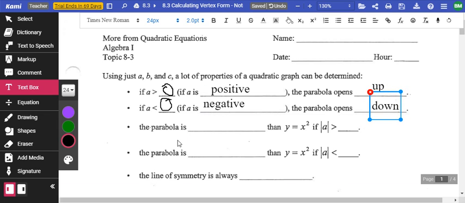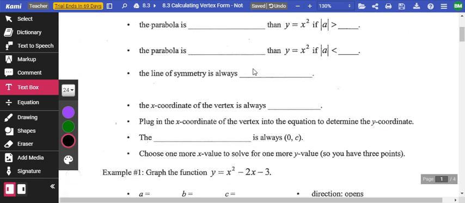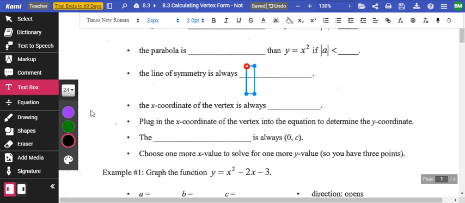Okay, the parabola is blank, then y equals x squared if A is, this is not important. The line of symmetry is always the x value of the vertex.